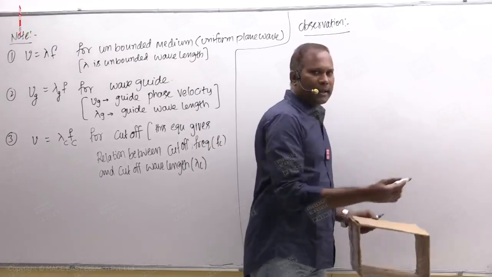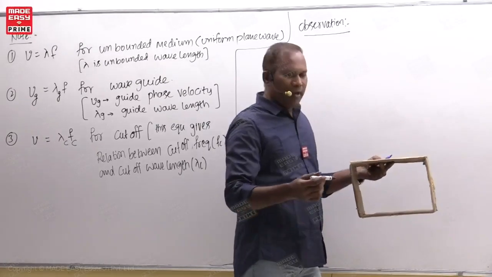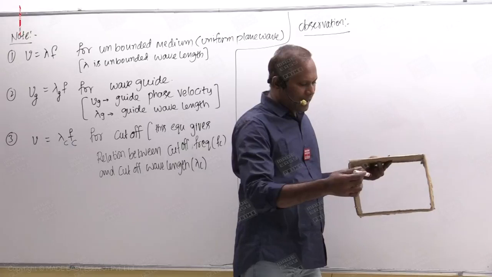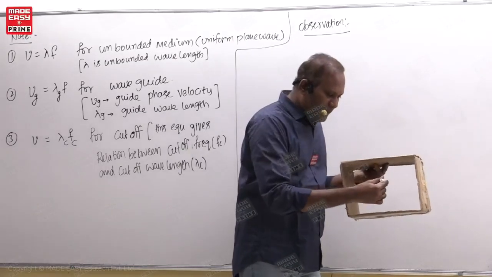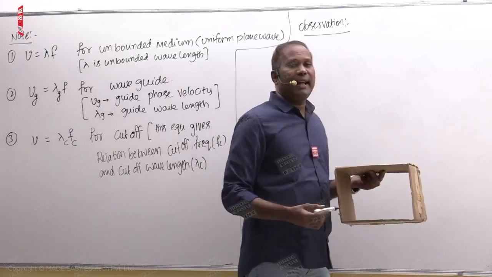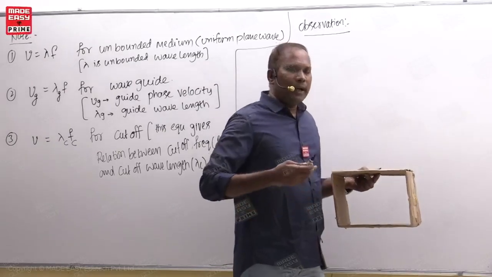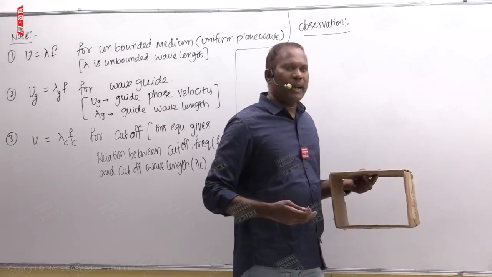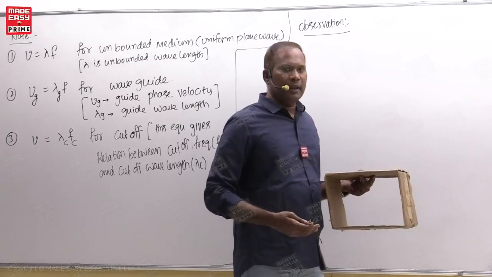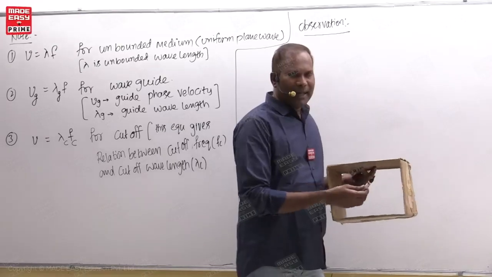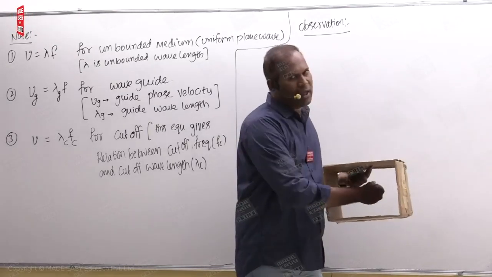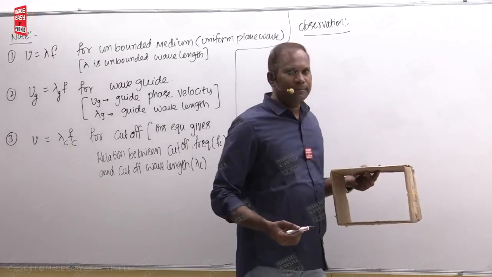Nobody stops that. Similarly, here also, if an EM wave enters the waveguide along the waveguide axis, then it behaves like unbounded wave propagation in an unbounded medium. Then it is not reflected by the conductor walls because it is not touching the conductor walls at all.